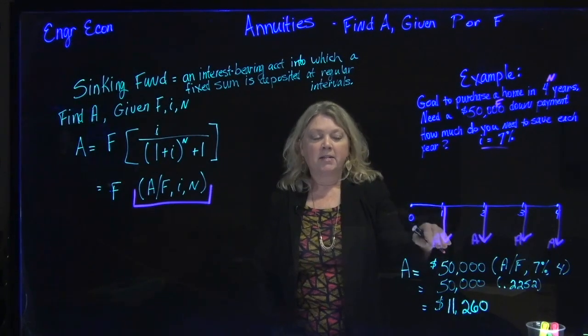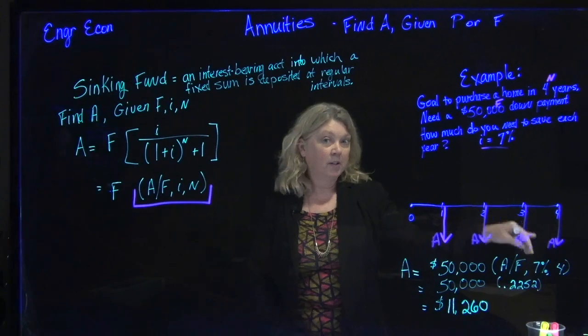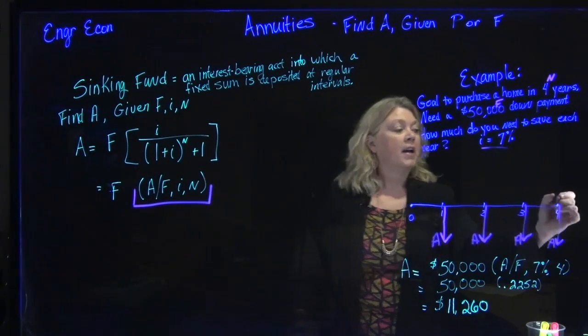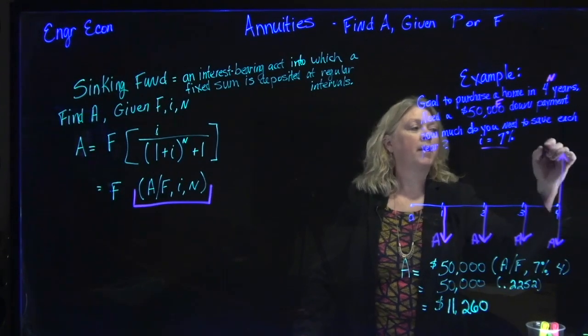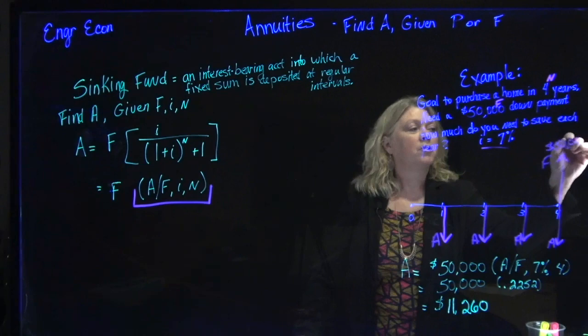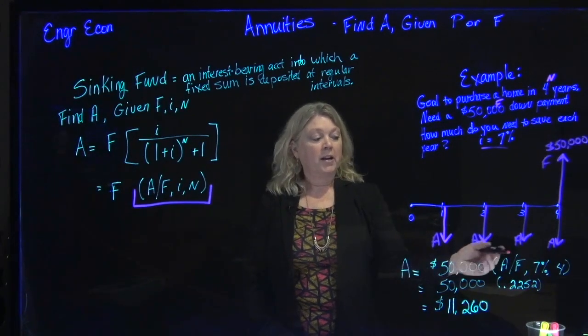So I put it as down arrows because you're taking cash out of your savings and putting it into another savings. So cash out, and then I'm just going to put it up cash in. The future value, what you'll need towards your home purchase, is $50,000. So that's what we're looking for at an I of 7%.